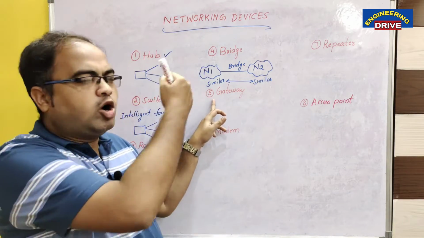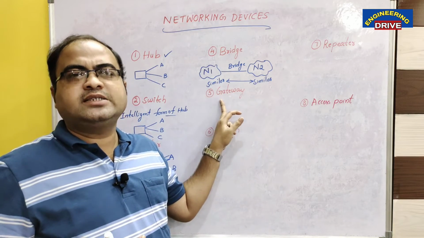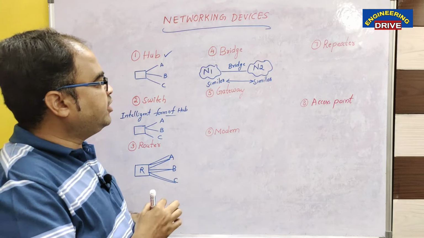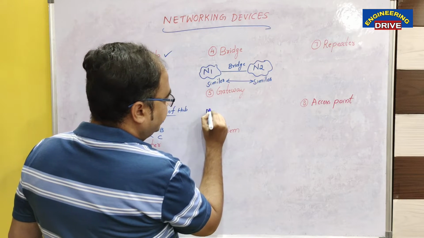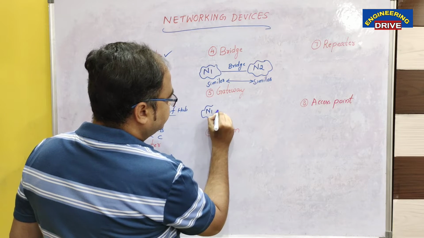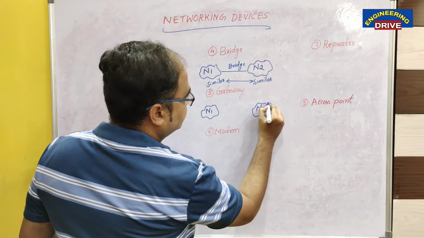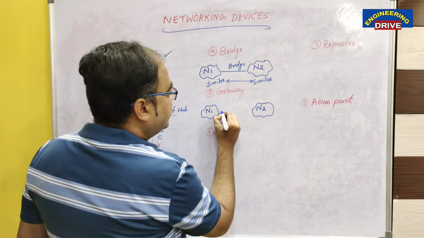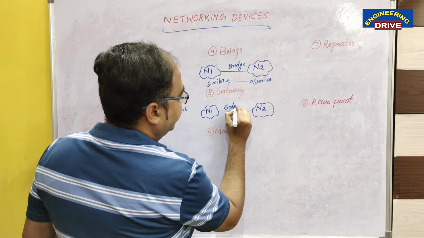Okay. Next, opposite to that of bridge is a gateway. So what is gateway actually? The only difference between a bridge and a gateway is, here also I will take N1 network and here also I will take N2 network. And these two networks are connected by using gateway.